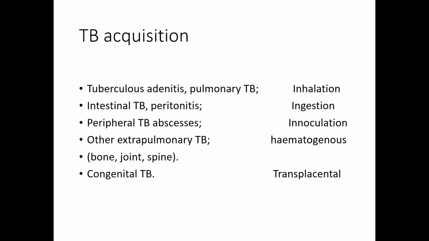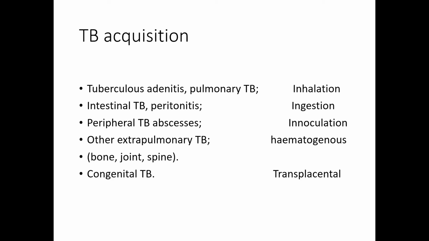You can inhale it, and that sometimes causes, if it involves a tonsil, tuberculous cervical lymphadenitis or pulmonary TB. You can eat it, or drink it more usually with milk straight from the tuberculous infected cow. That gives you intestinal TB or peritonitis.